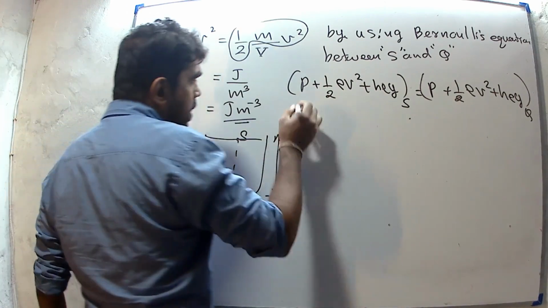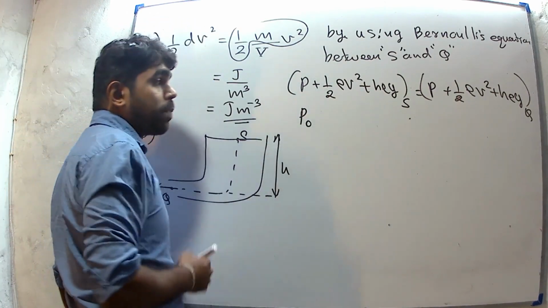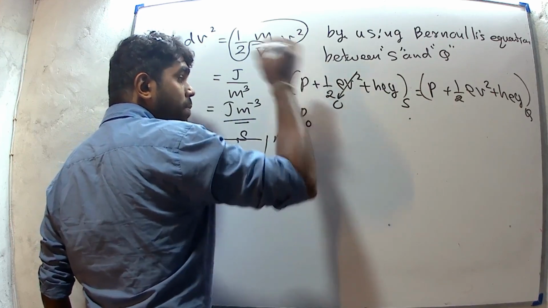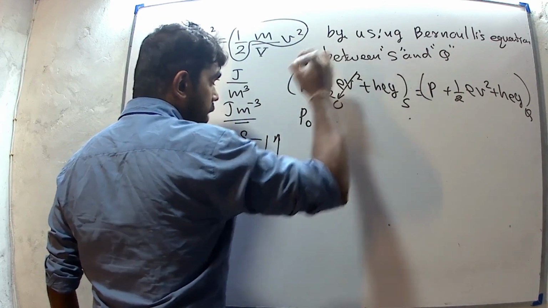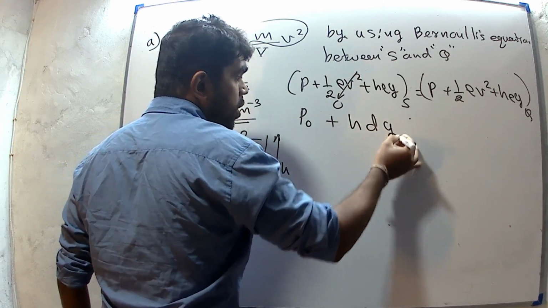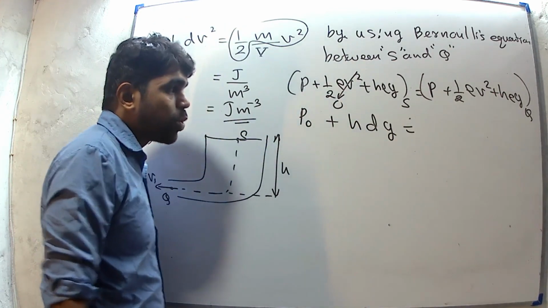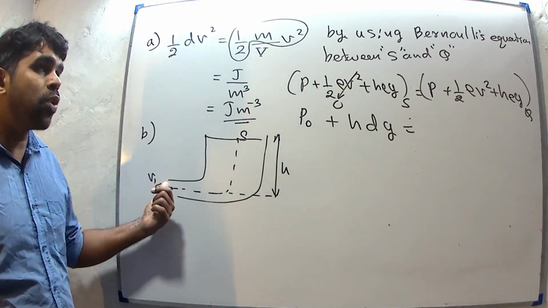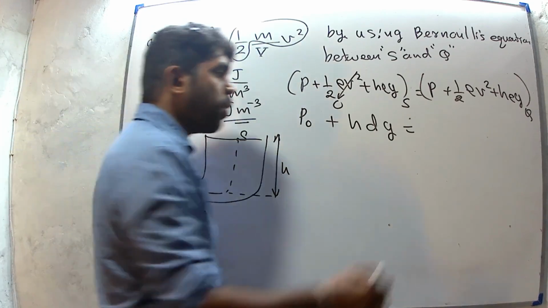Pressure at point S is P naught, atmospheric pressure. The half rho v squared term is 0. Then h rho g, they have given density as d, h dg equals the pressure at this point, also P naught because it is open to the atmosphere.